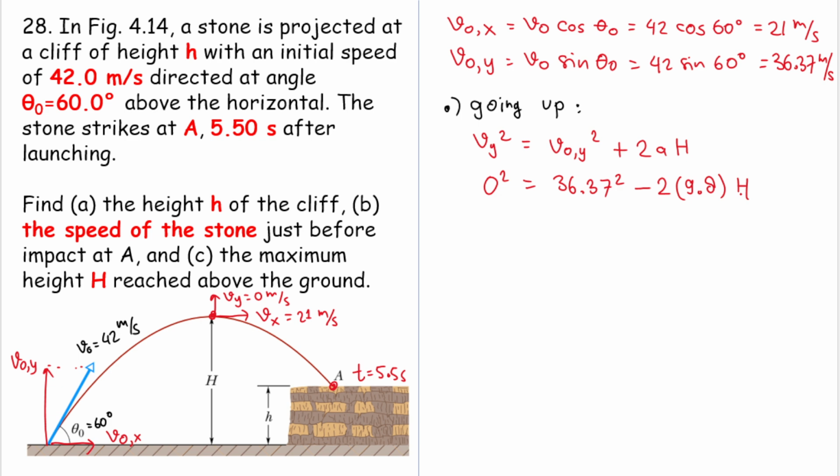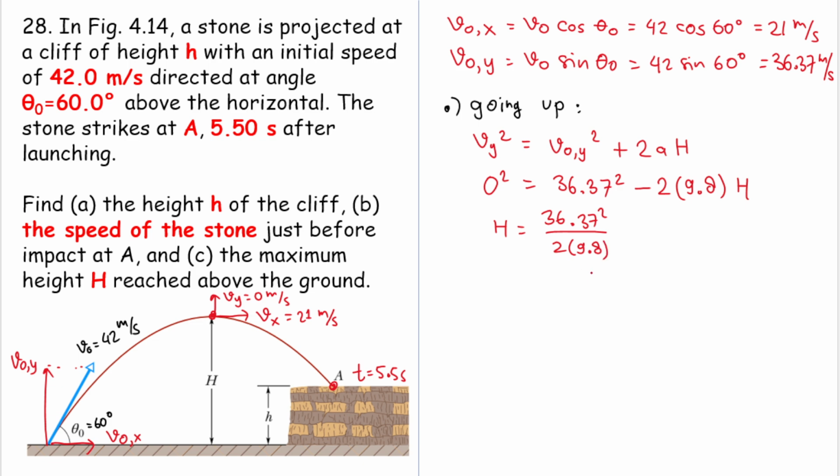Good. Now what we can do is just isolate this H. So we'll have H equal to 36.37 squared divided by 2 multiplied by 9.8.